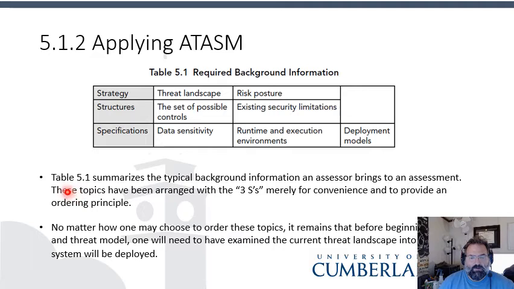So this is basically a summarization of that stuff that we just went through, and basically the three S's for convenience, not necessarily implying any kind of ordering. It's important to take a look at the threat landscape anytime you're looking at this stuff and talk about how the system's going to be deployed and where it's going to be deployed.